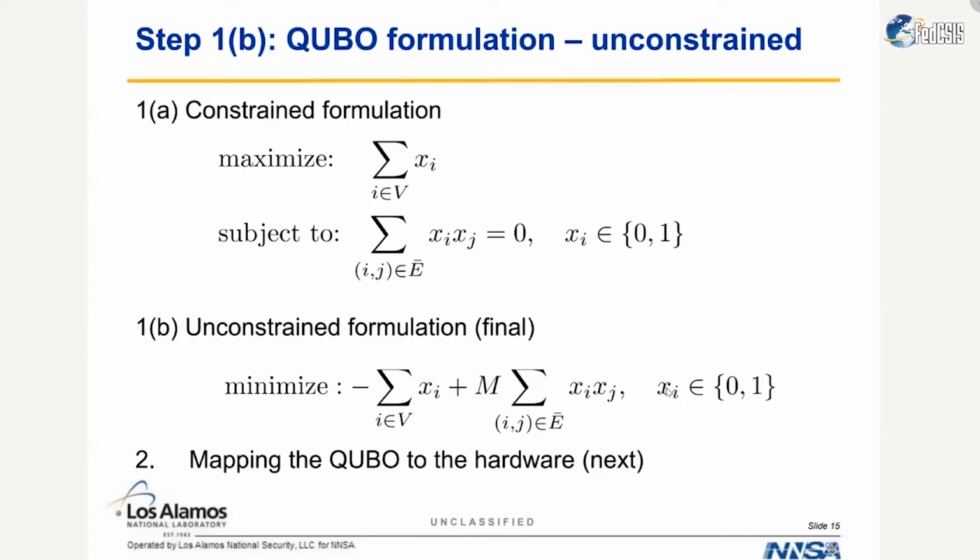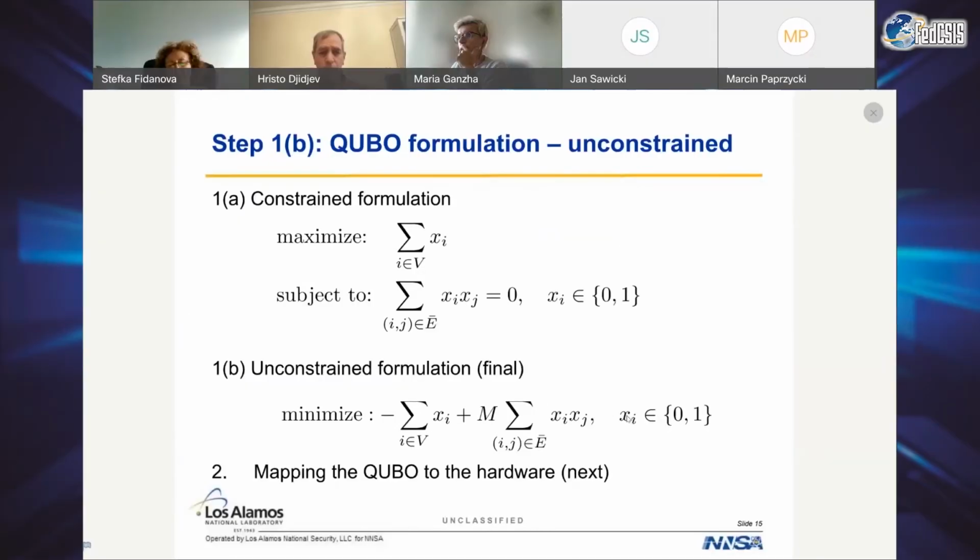Since we want to minimize it, if the constraint is not satisfied, then the penalty is too large, and such a choice of variables will not give a minimum. So in this way, we enforce that the constraint is always satisfied. Okay, so this is the QO formulation for the maximum click problem.